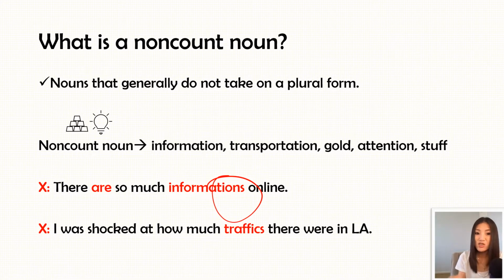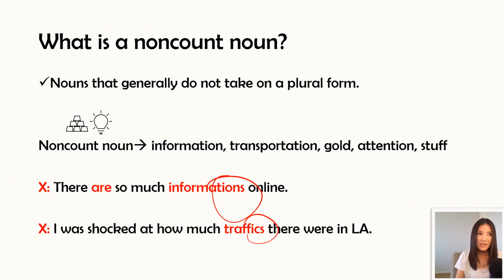We say information. And the last sentence says, I was shocked at how much traffics there were in LA. Again, I shouldn't say traffics, even though there's a ton of traffic in LA. We would say singular traffic.